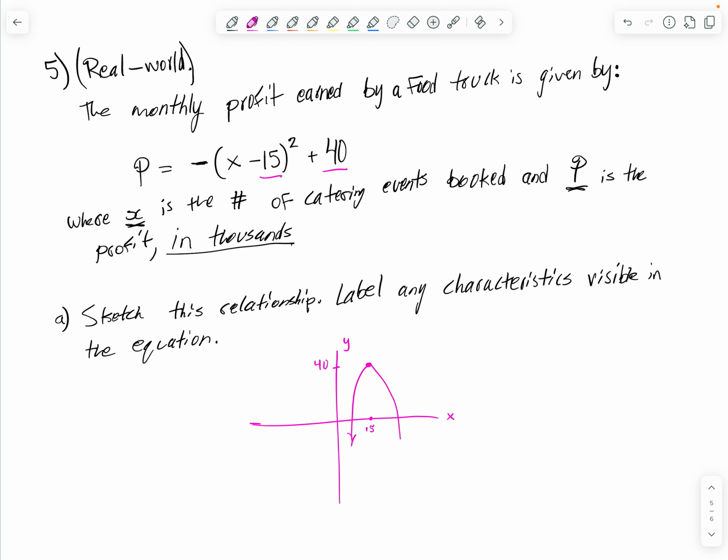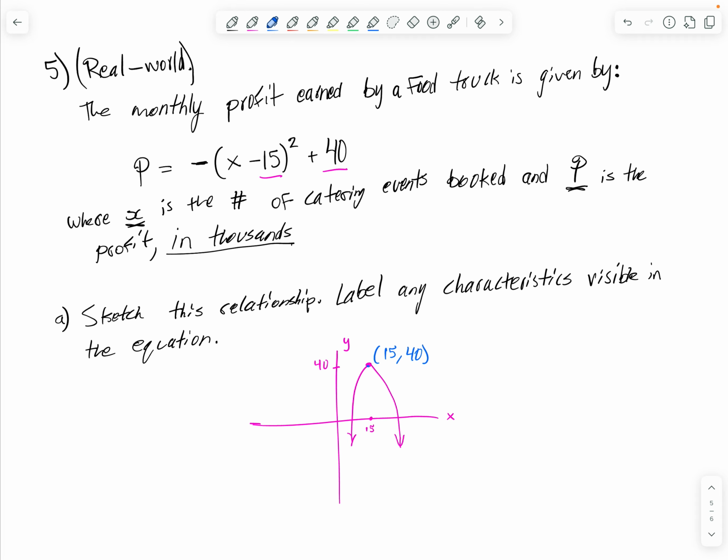And that's my sketch. That's all I want to include. I will notice here that the vertex, I'll write that down. It's going to be 5, 40. So when I have 5 catering events, the profit is going to be $40,000.